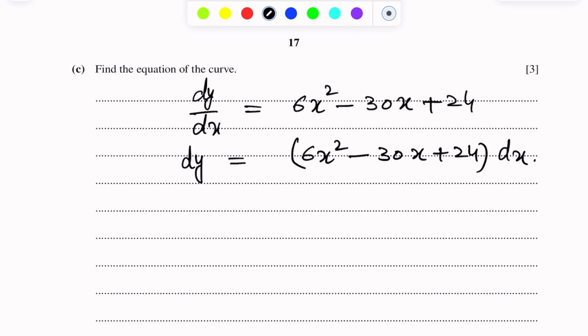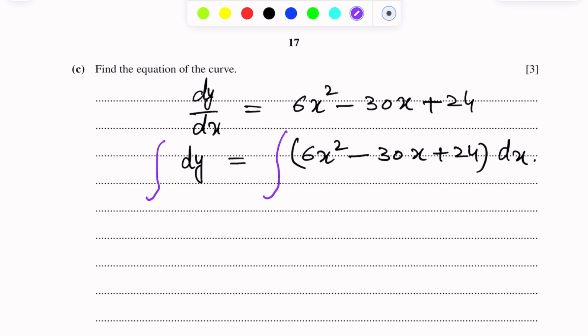Now we will integrate each side with the corresponding variables. On the left hand side there is no function. On the right hand side the function is this expression. dx means we will integrate this expression with respect to x. On the left hand side dy shows that it is with respect to y, but there is no function.